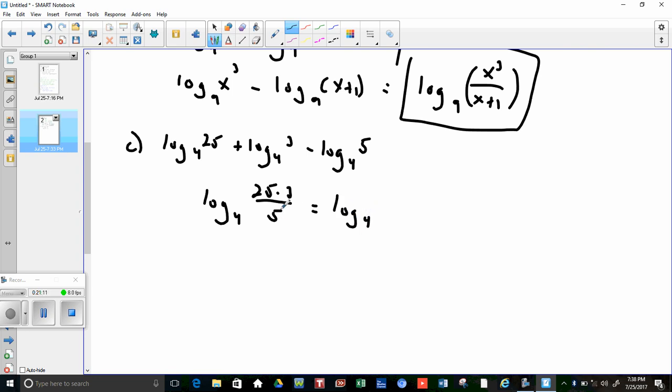You can simplify it now, or you can multiply it out and then simplify it. If I multiply 25 times 3, we get 75 over 5. 75 divided by 5 is going to be 15, so that's going to be log base 4 of 15. And I have condensed these three logs, using log properties, into one single log.